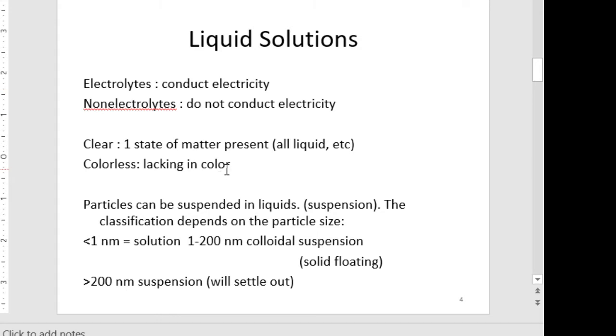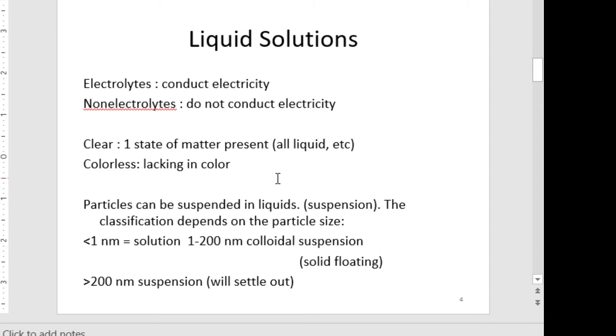If you have a solid floating in a liquid, then it would be cloudy. So the opposite of clear is usually cloudy, and colorless is just lacking color. Solutions can be blue and clear, or cloudy and yellow, those kinds of things. So don't get them mixed up.